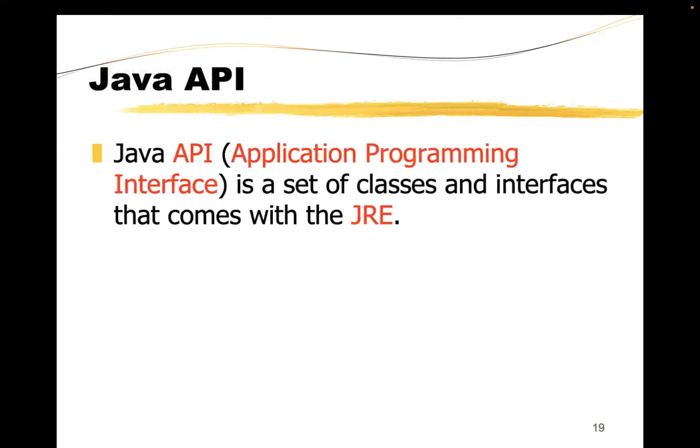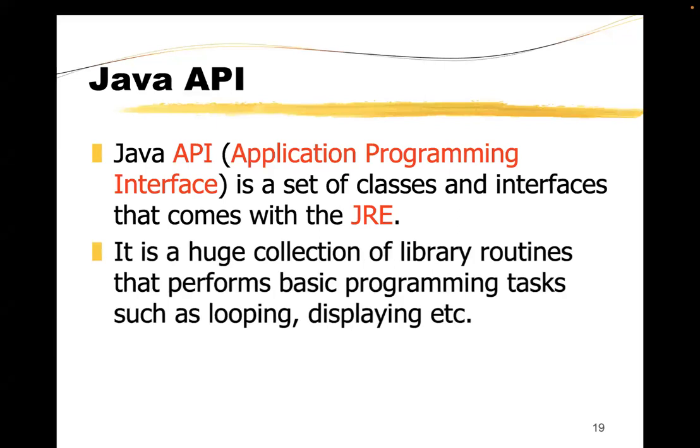Now, the Java API is the application programming interface, which is a set of classes and interfaces that comes with the Java runtime environment. Therefore, this is a huge collection of library routines which perform basic programming tasks like displaying and looping. Likewise, the system class is loaded by this Java API.